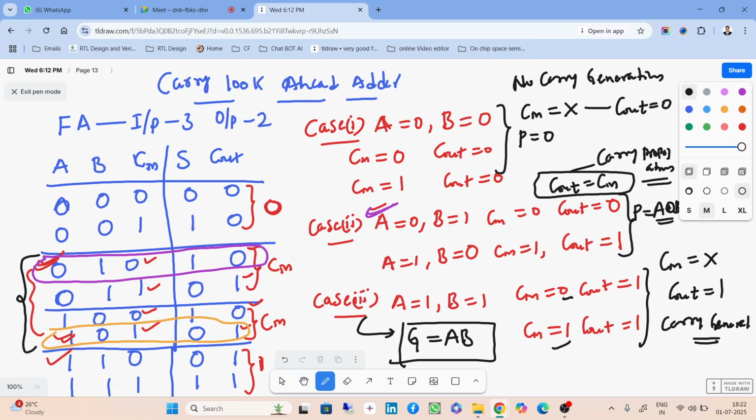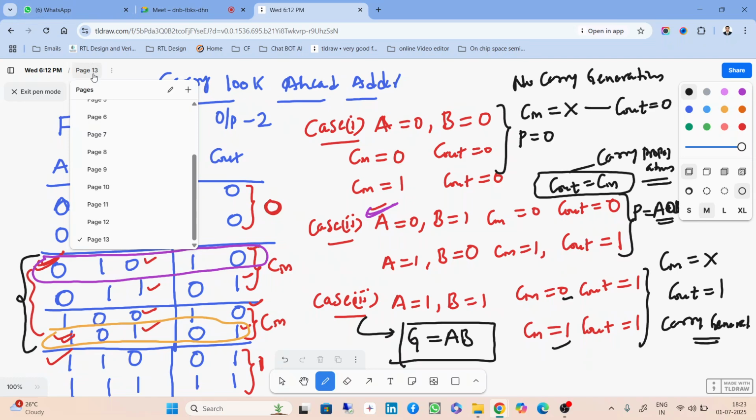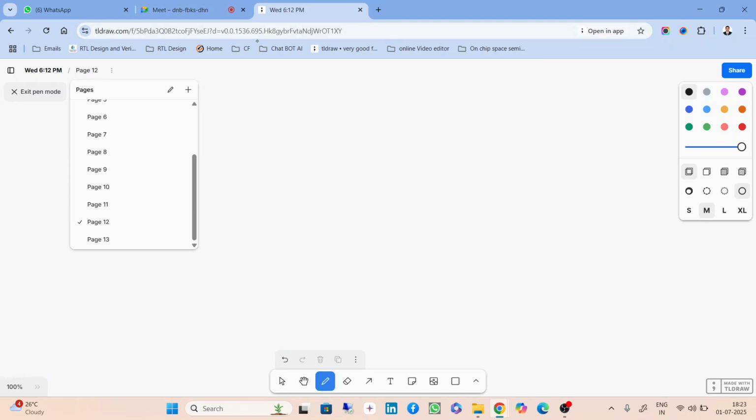Can you tell me one more time carry propagation? See here, carry propagation. Suppose A equal to 0, B equal to 0.